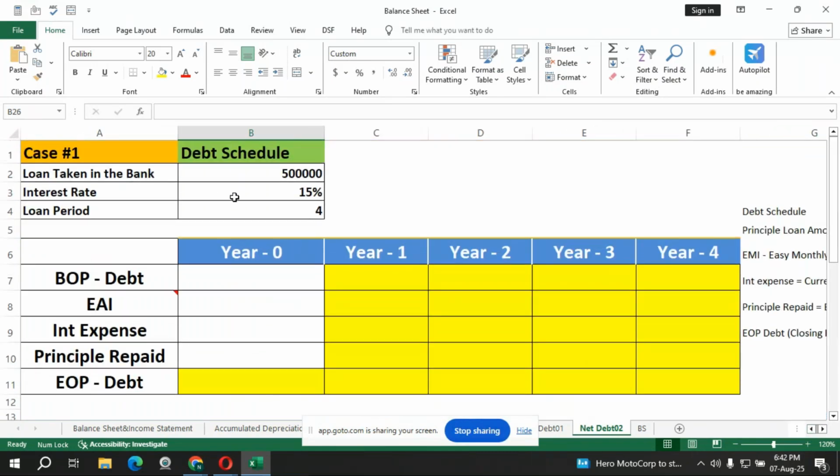Now, see here, loan taken in the bank is how much? It is 5 lakhs. Interest rate is 15%. So loan amount taken in the bank is 5 lakhs, interest rate is 15%, and the total loan period is 4 years. So n is 4 years.